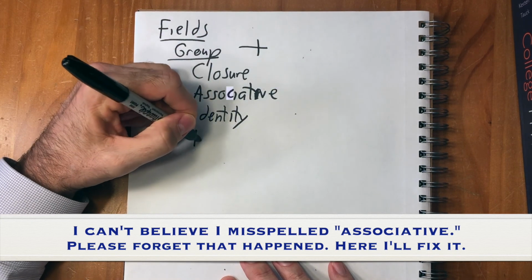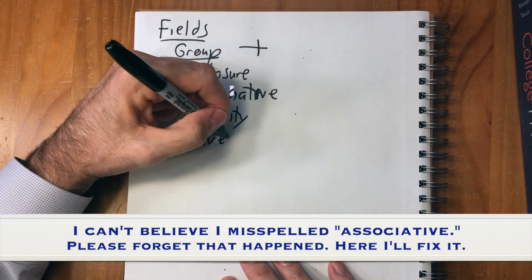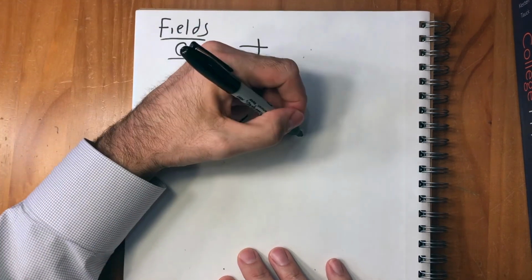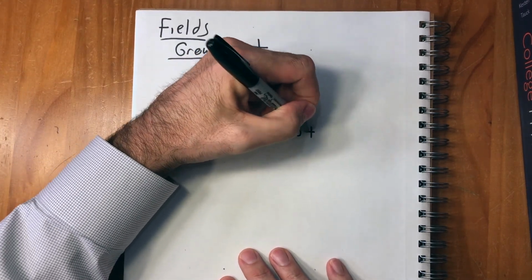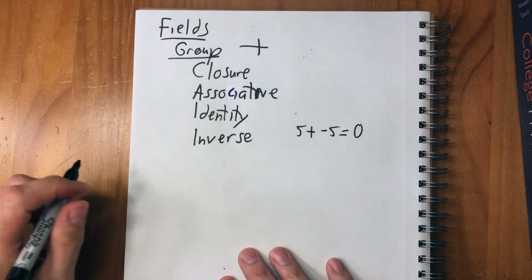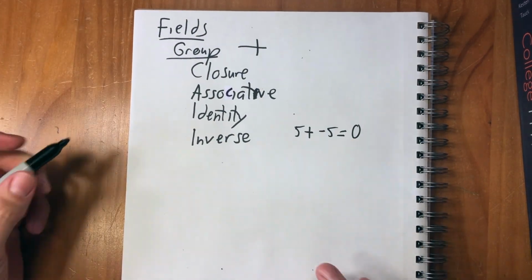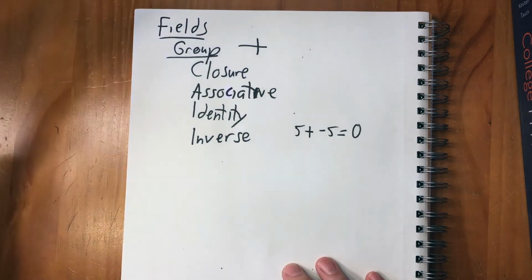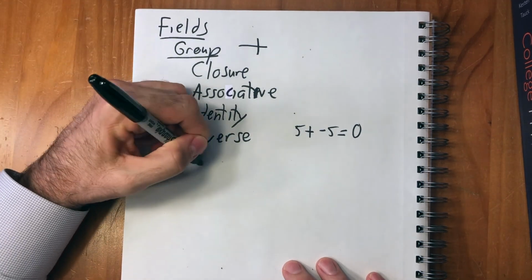And every element has an inverse, meaning that 5 plus minus 5 equals 0. Right, so that's the inverse of that. And then a group can be commutative, but it doesn't have to be.